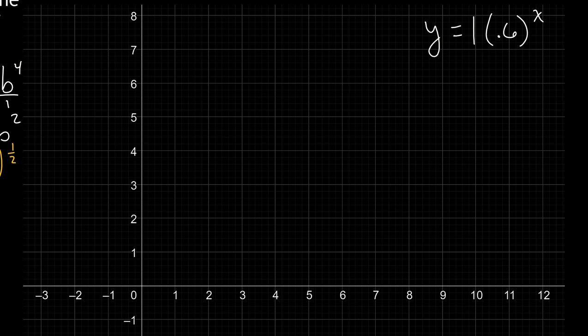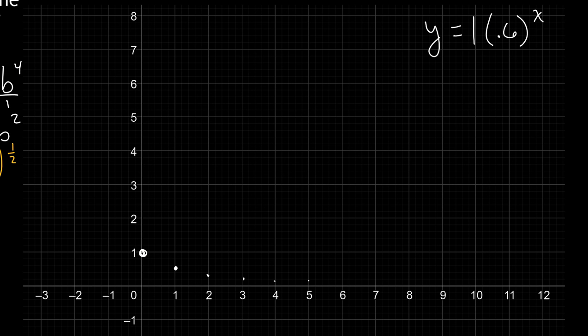So if x is 0, 0.6 to the 0 power is 1. That's a point I have. And then if x is 1, I've got 1 times 0.6, which is 0.6. So at 1, I'm at 0.6. And then I'm at 0.6 of that and 0.6 of that. So this gets very small.